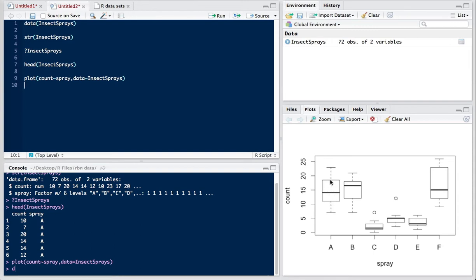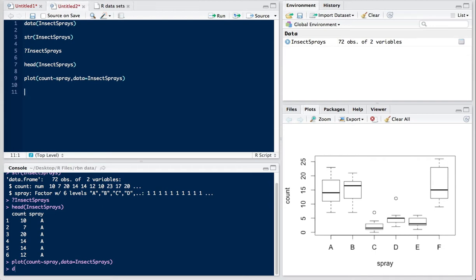So 50% of all the values are going to be found inside the box. From here on up, we have the top 25% of the data, and from here on down is the bottom 25% of the data. So you can see just by looking at the medians that it looks pretty clear that there are differences among the different sprays in terms of their effectiveness at killing insects. We can use analysis of variance to actually demonstrate those differences.